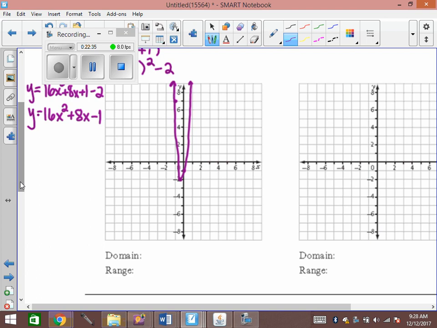That's really wonky. So your domain would be x is an element of the real numbers, or negative infinity to positive infinity. And your range would be y such that y is greater than or equal to negative 2.